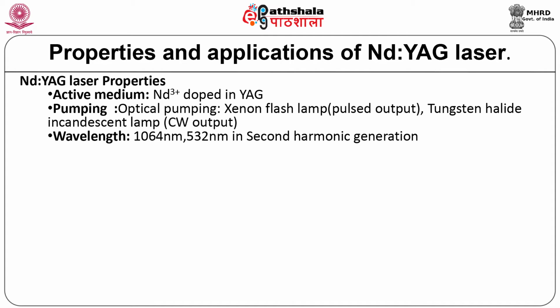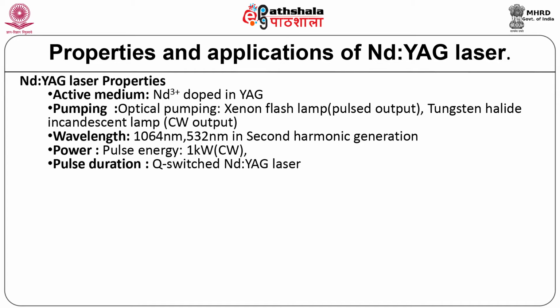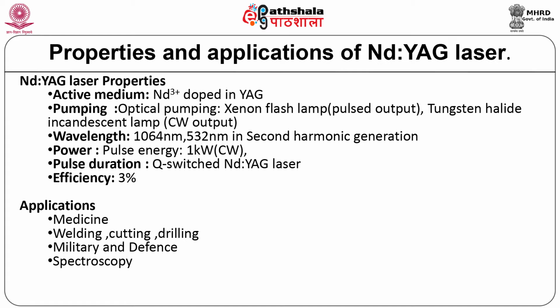The wavelength achieved is 1064 nanometer, or 532 nanometer in second harmonic generation. Power generated is 1 kilowatt for continuous wave. Pulse duration is Q-switched, efficiency is 3%, and applications are in medicine, welding, cutting, drilling, military and defense, and spectroscopy.